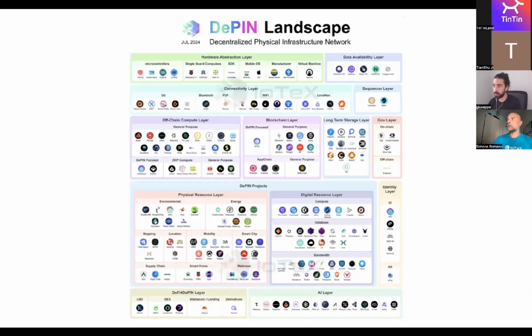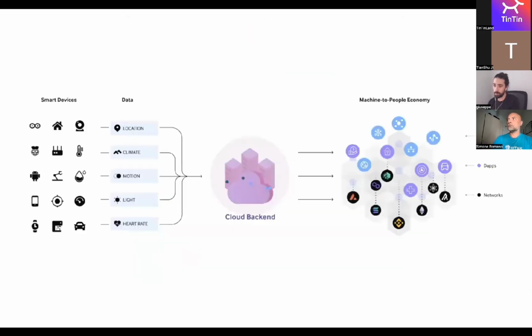And so what I was saying earlier is, how do you make it so that an on-chain smart contract can trust the physical world? Normally, the way it's done in almost every case at the moment is through a centralized cloud backend.